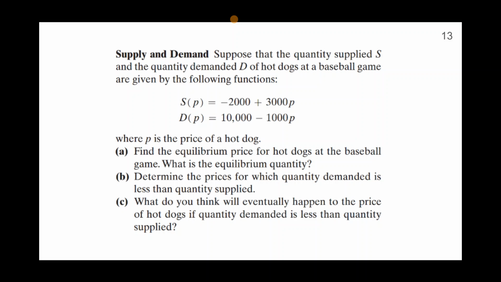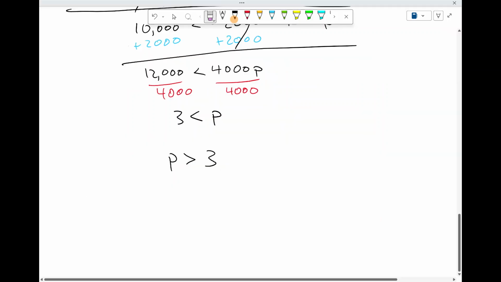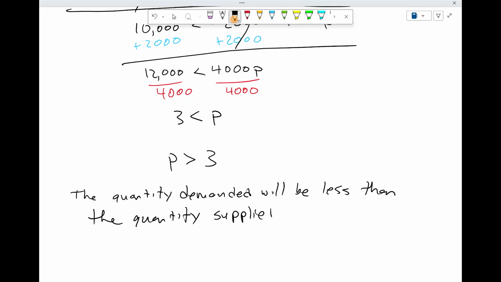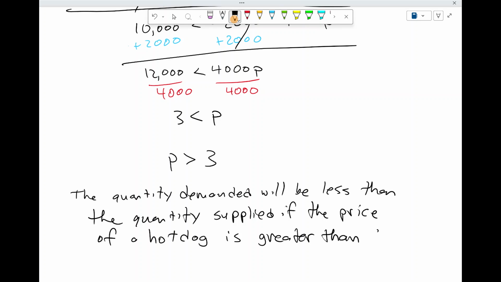Let's read the question. The quantity demanded will be less than the quantity supplied if the price of a hot dog is greater than $3.